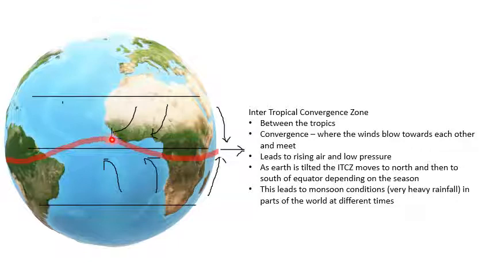So this intertropical convergence zone is also important because it will shift the impacts of the descending air of the Hadley and Ferrel cell meeting, and where the polar and Ferrel cells converge as well. And so this will have an impact on global weather and climate patterns.